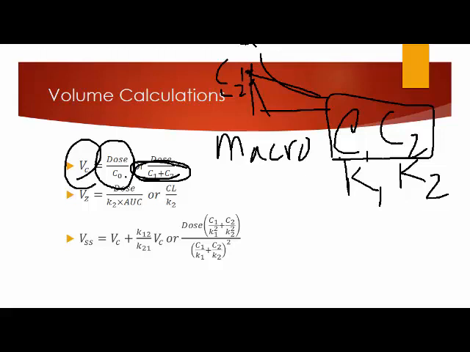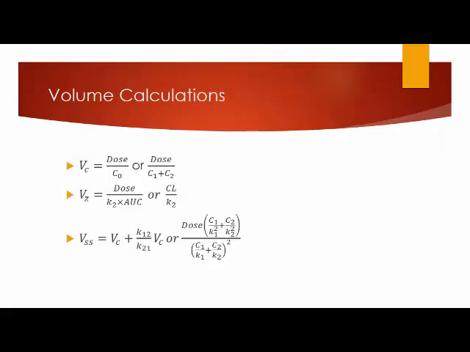And then V zeta, like I said, can be calculated from that final elimination slope by dose over K2.